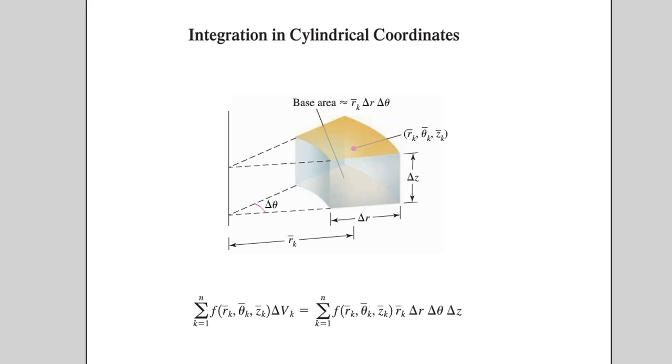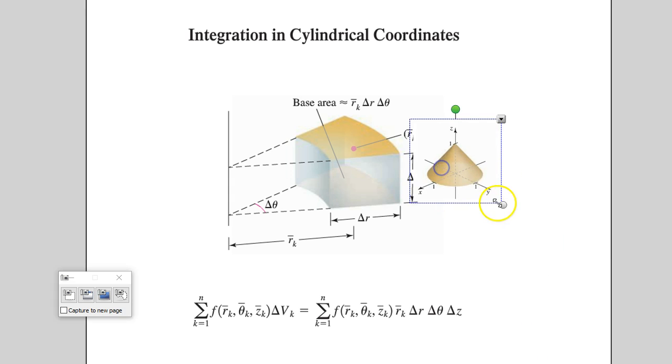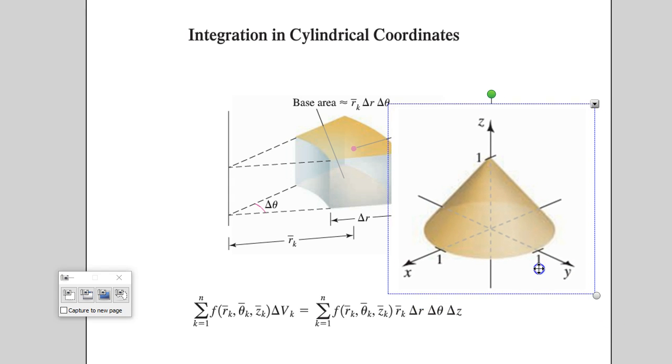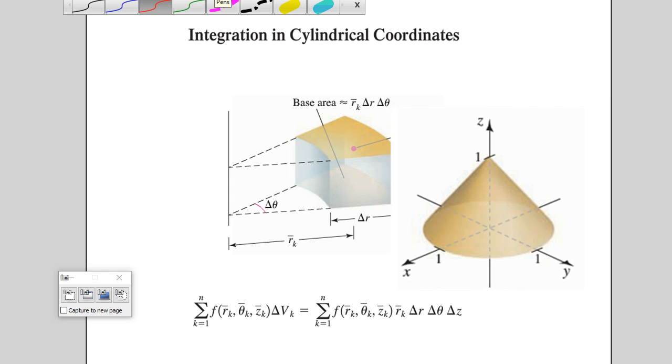Alright, now when we integrate with cylindrical coordinates, I'm going to briefly show you where this formula comes from. Think about the cone from the earlier problem. We're not integrating with rectangles going straight up from the base.